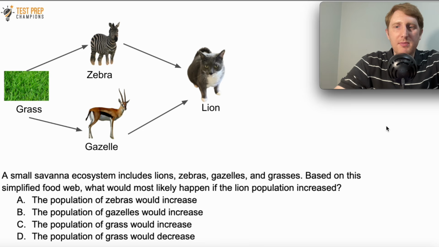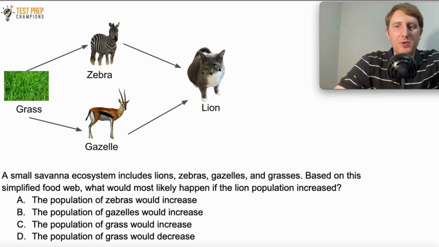Okay, so let's talk about this question here. First, let's clarify what the arrows are showing. If you just look at this, it kind of looks like the arrows are saying that the zebras eat the lions and the gazelle eats the lion, because the arrow's going from the gazelle to the lion and from the zebra to the lion, but it's actually the other way around.